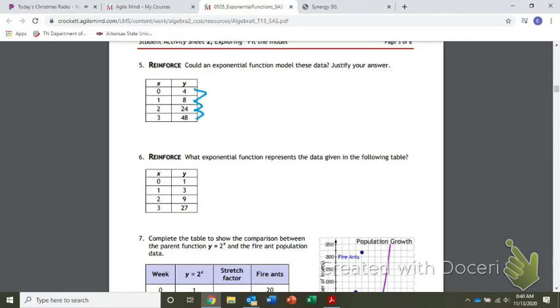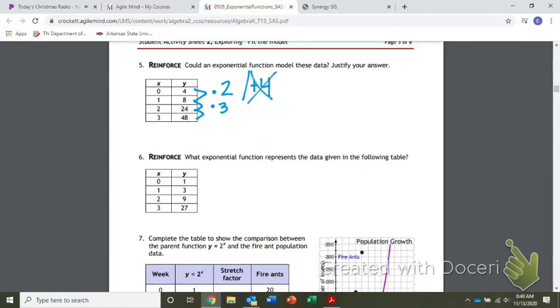All right, from 4 to 8, what am I doing? Multiplying by 2, or I could also do what? Could also add 4, so let's just put that out there just in case. What about 8 to 24? I'm multiplying by 3. Could I add 4 and get 24? No.